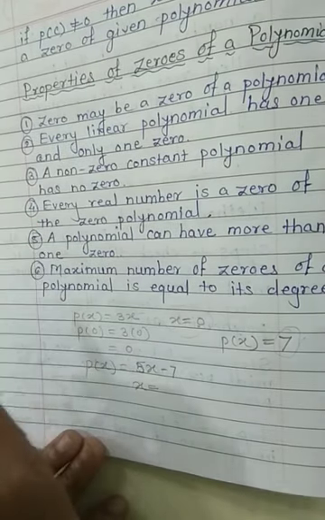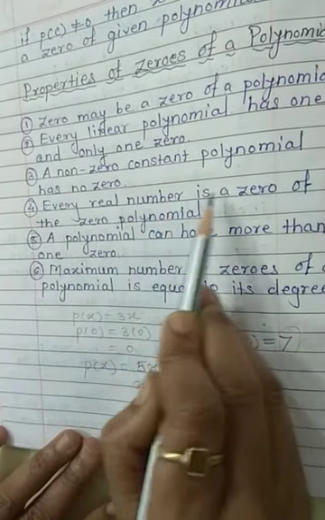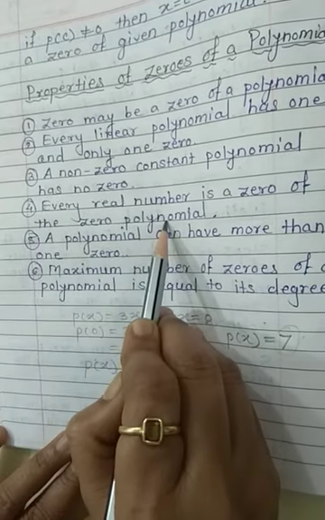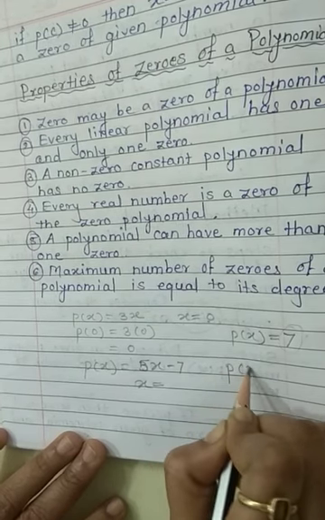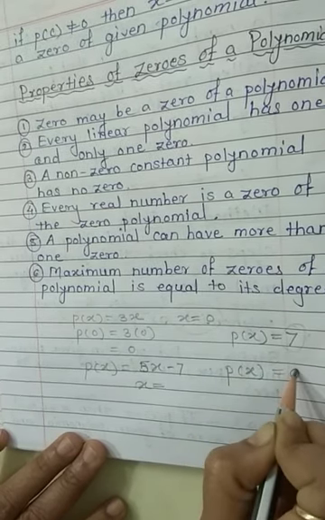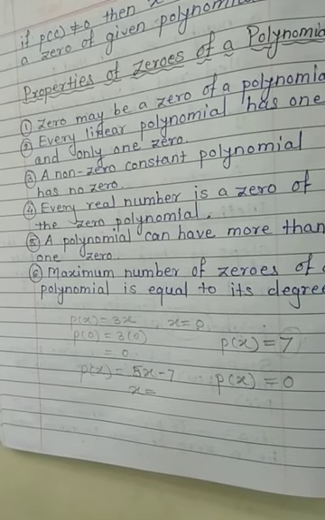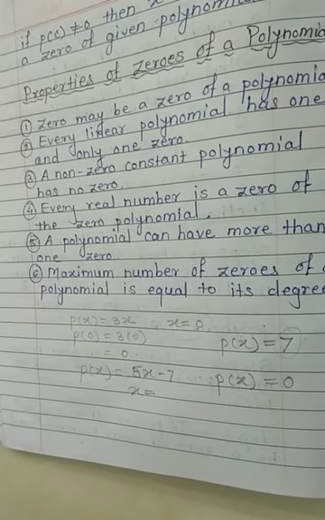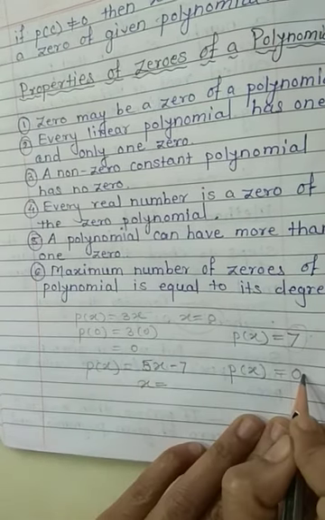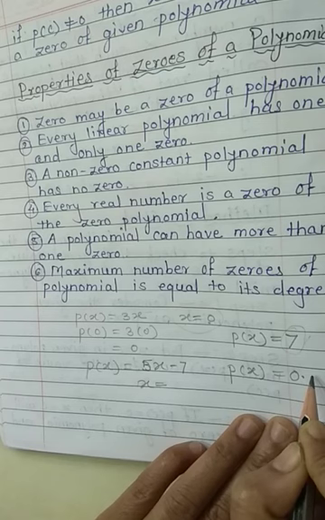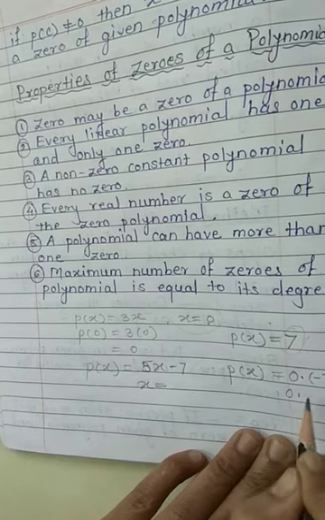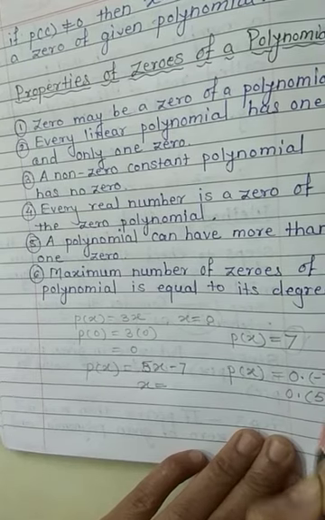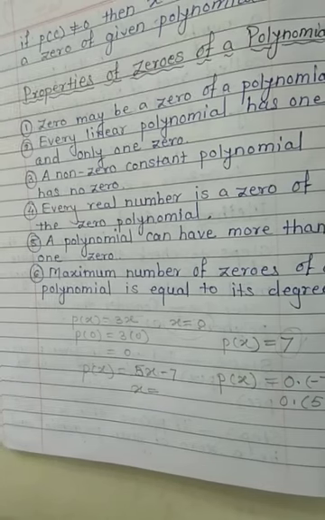Now property number 4: every real number is a 0 of the 0 polynomial. Here, we know that the 0 polynomial is p of x equal to 0. That means only the number 0 is called the 0 polynomial. In combination with this 0, we can take any real number, that means 0 into minus 7 or 0 into plus 5. Every time we will get 0 there.